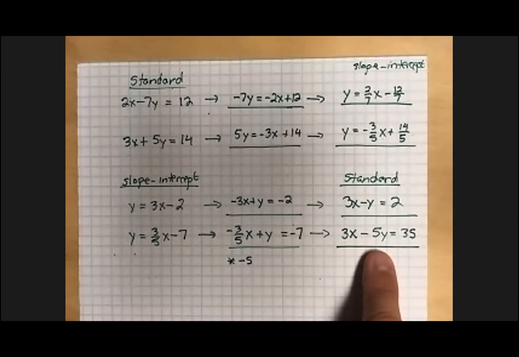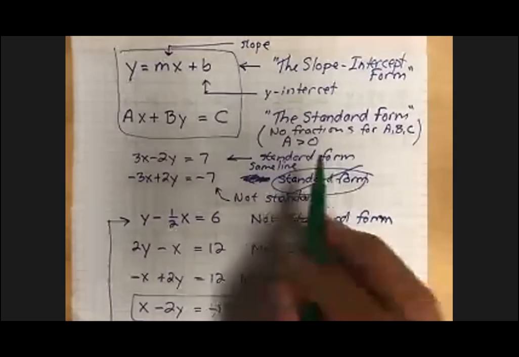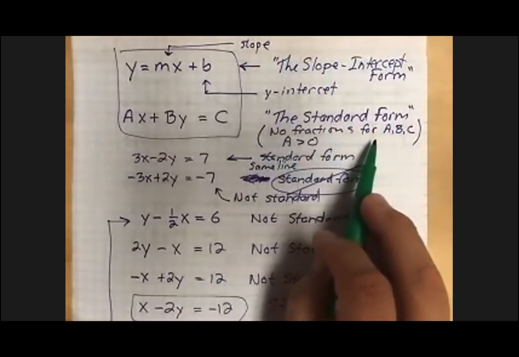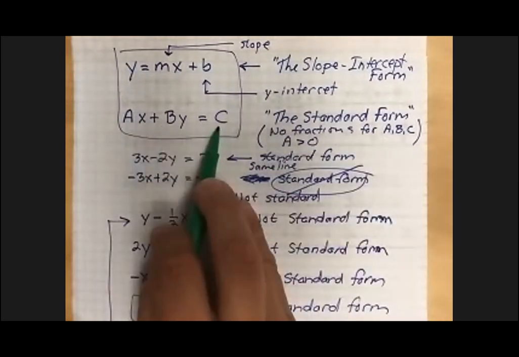Is it okay for C to be negative or no? Yes. Let me say that it must be okay because sometimes I might not be able to avoid it. So let me go back to my piece of paper right here. Yeah, this is a good way to say it. You are not allowed to use fractions at all. None of them can be fractions.